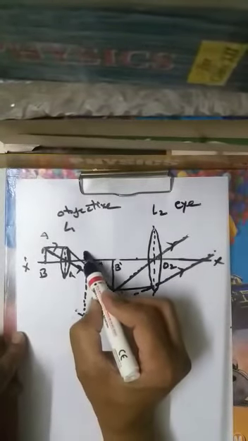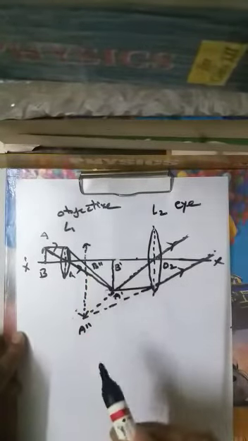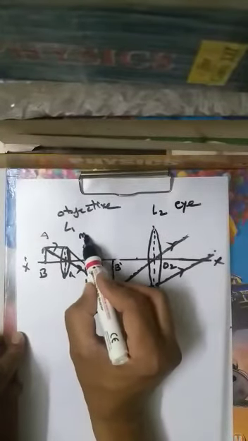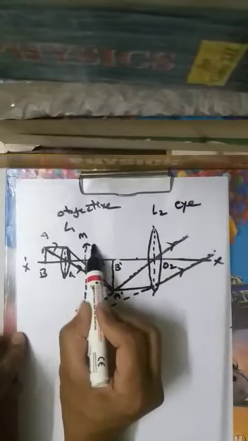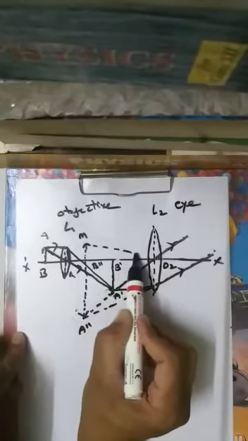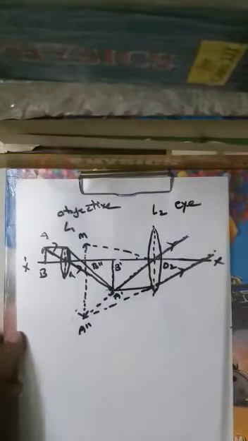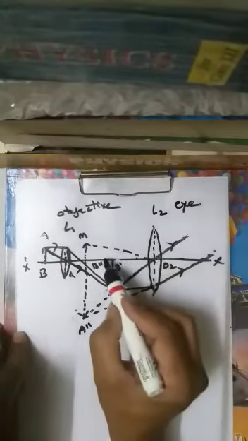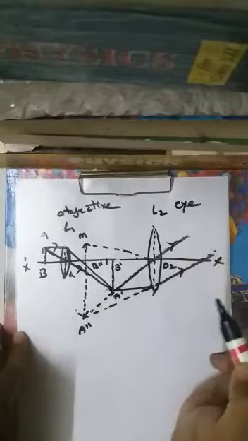We make a construction of the same size as the object is, and this line we join with O2. The focus of this lens is here.